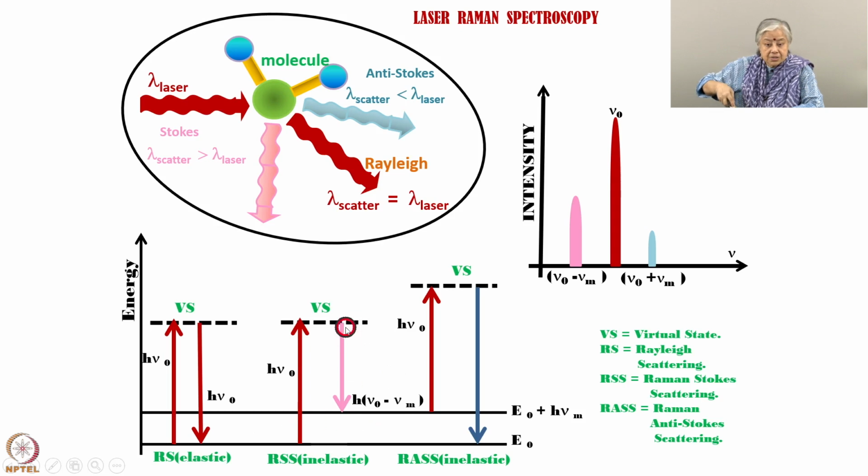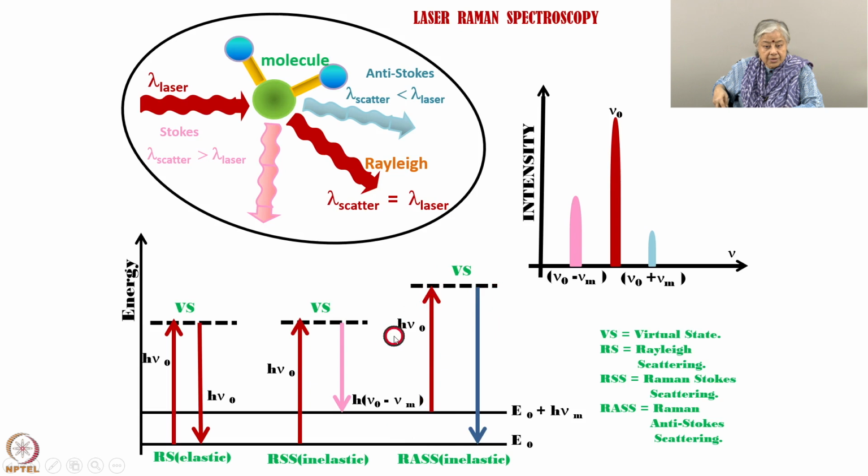Now, suppose there are some molecules which are already in that excited state of E0 plus h nu m, and the laser, the red photon, goes up. Suppose the energy difference is h nu 0 only, exactly the same as this, but here it is going from the ground level to this level, here it is going to some other virtual level.